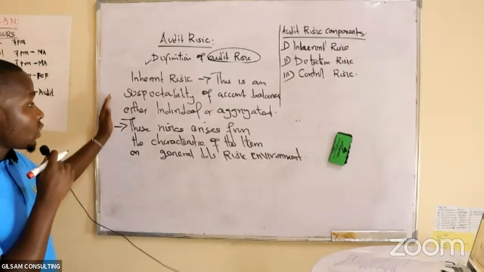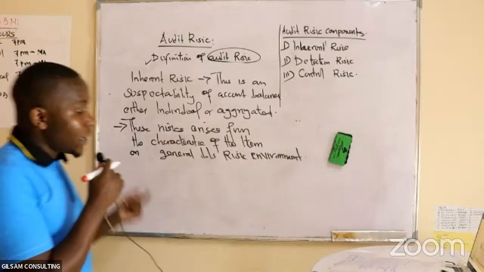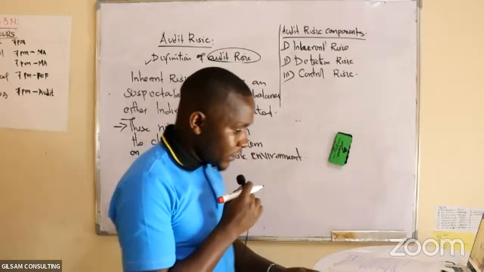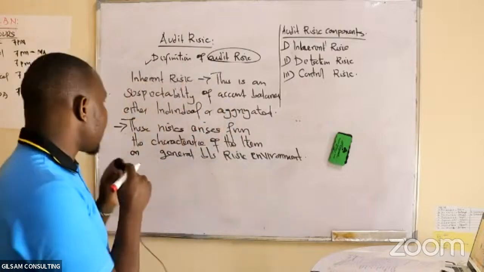So we have a lot of audit risks here, examples of those audit risks, and then we have the detection risk.